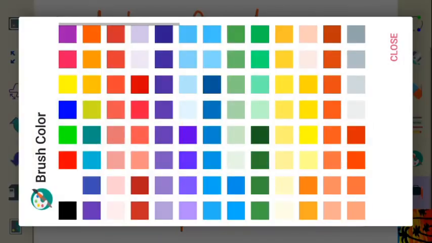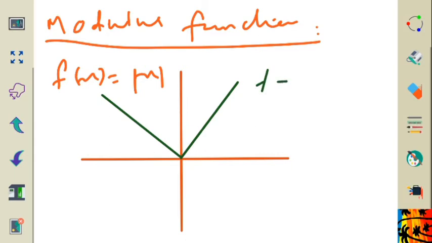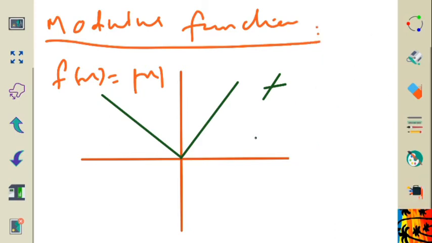Now in the graph of mod x, the graph goes like this. So this is the graph of f(x) equals mod x.